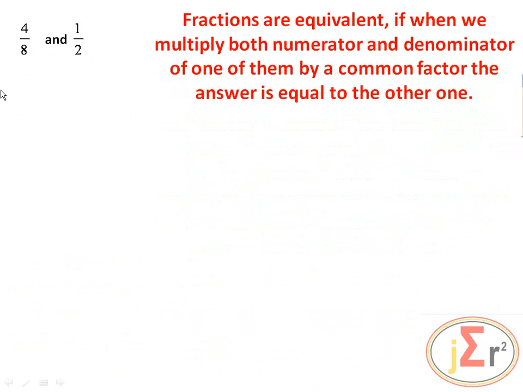So we have 4 over 8. If we multiply both numerator and denominator by, say, 4: 4 ones, 4, 4 twos, 8. Since we multiply both numerator and denominator of the fraction by the same number, and we have the result being equal to the first fraction, then we know that a half is equivalent to 4 over 8, because the result is actually 4 over 8.